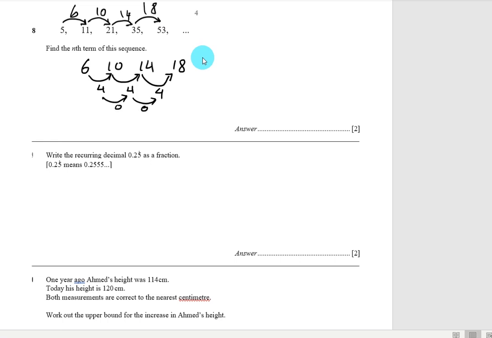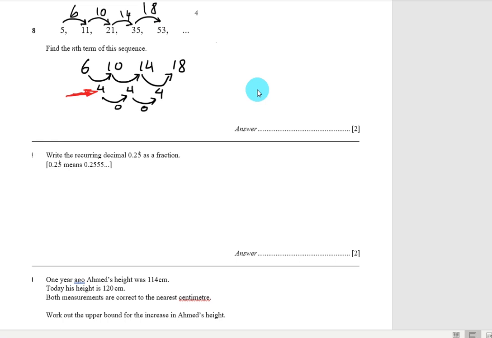So this is not a first order series. This is a second order series.